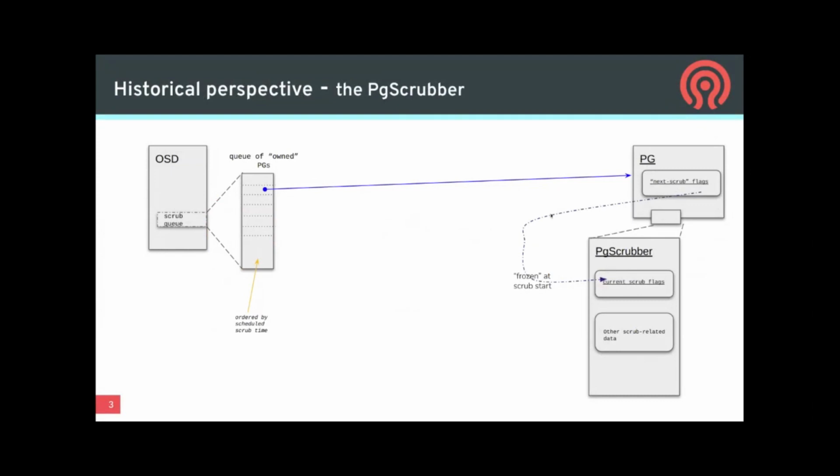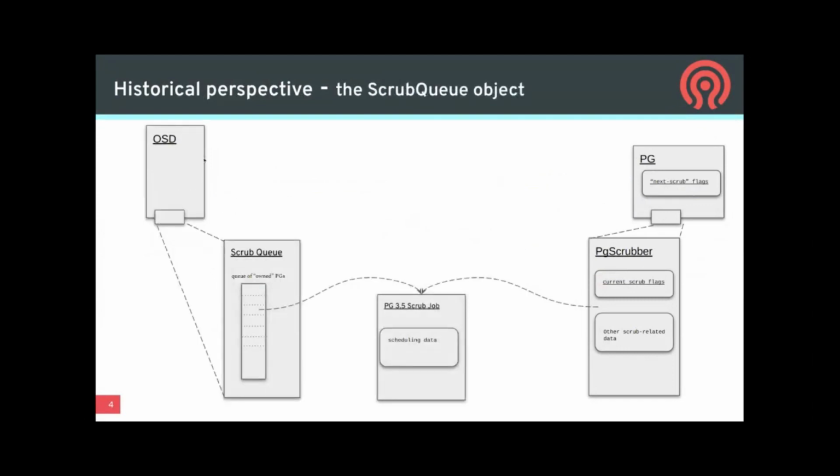Now this is one side of the change. Regarding the scrub scheduling, in the first phase nothing was changed, and then I took the scrub queue out from within the OSD and made it a separate entity. Each OSD now owns a scrub queue, and the idea is mostly the same. There is a queue of owned PGs, but there was an added structure, which is the scrub job in the middle.